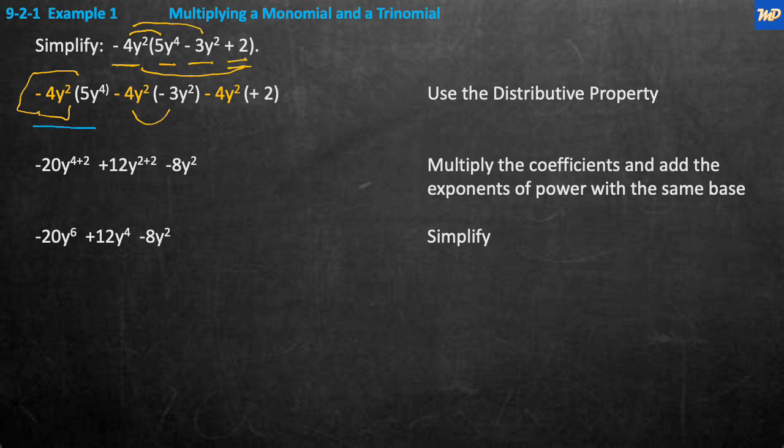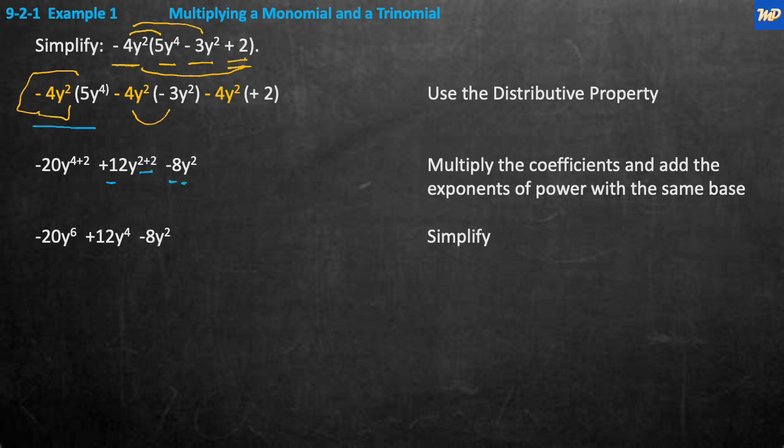Negative 4 times negative 3 gives you 12, and you get 2 plus 2 for the exponents. Finally, negative 4y squared times 2: negative 4 times 2 is negative 8, and y squared times 1 is y squared.